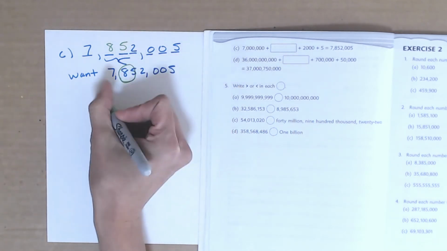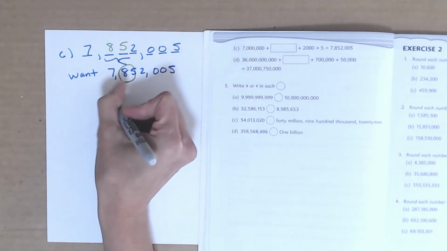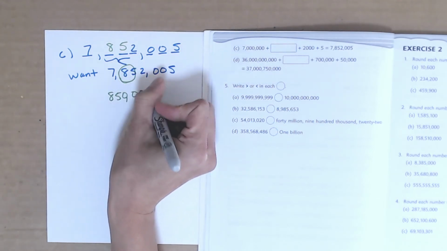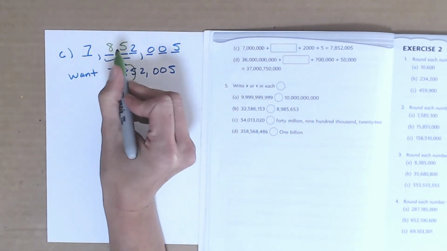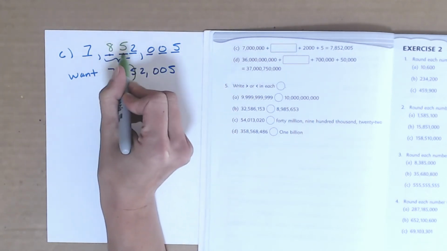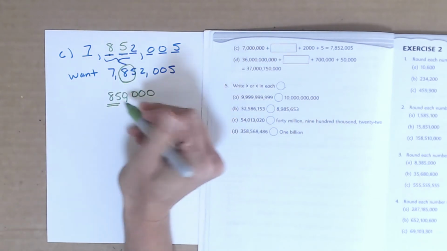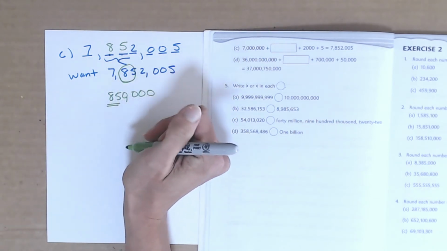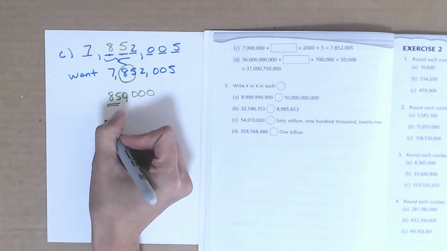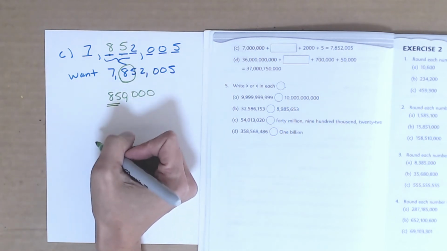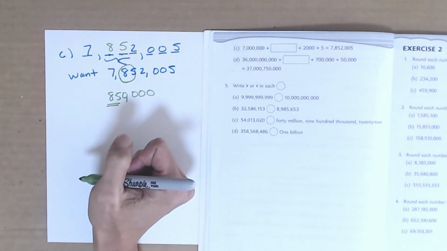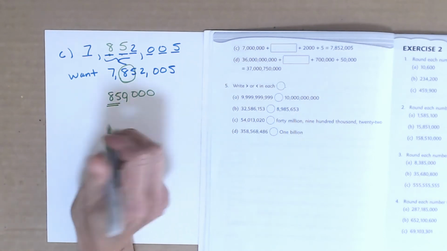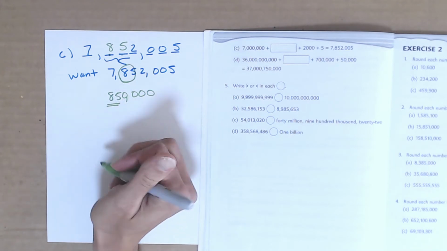So I want to add 850,000. See, because I want this 8 and 5 to be here, the 100,000 and the 10,000. So I want to add 850,000. This again is a very tricky question. You won't see anything like this on a quiz or test. It's very challenging. If you got this, great job.